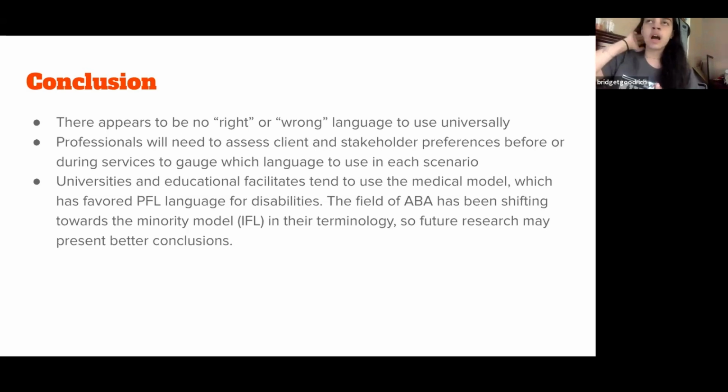So PFL is used to try to destigmatize, but actually people with autism use IFL so that when they're socializing in a non-traditional or odd way, people don't feel a stigma towards them, and they know why things might be off when they're talking.